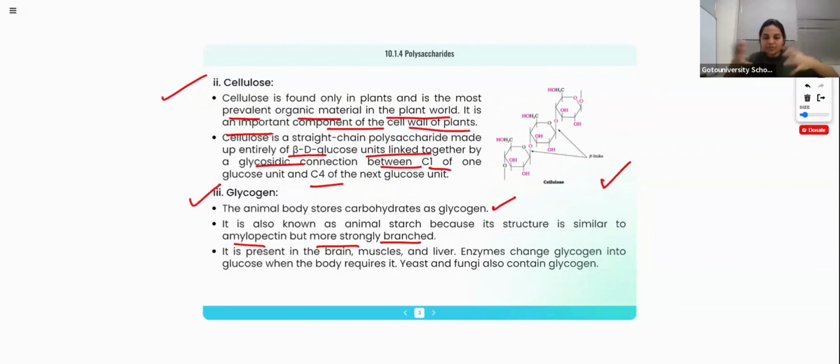Because there should be a branch between the individual molecules, right? It is present in brain, muscles and liver. Enzymes change glycogen into glucose when the body requires it. Yeast and fungi also contain glycogen. So cellulose, starch, glycogen. Is it clear?